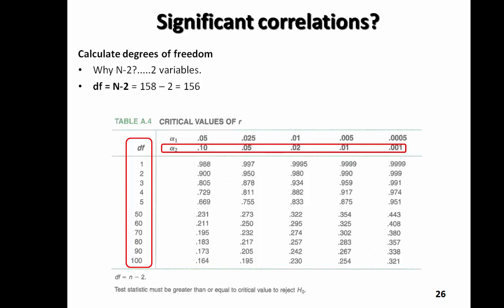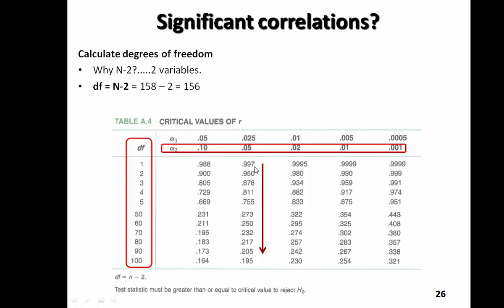And we select alpha 2. Alpha is the symbol for what we call the type 1 error rate. And 2 indicates that it's non-directional, so that the results could indicate a positive correlation or a negative correlation. We keep our mind open to that possibility. And we typically choose, in most research studies, an alpha level of 0.05.